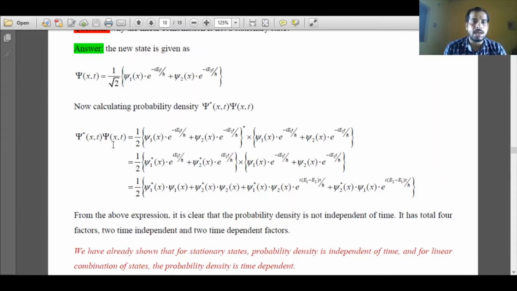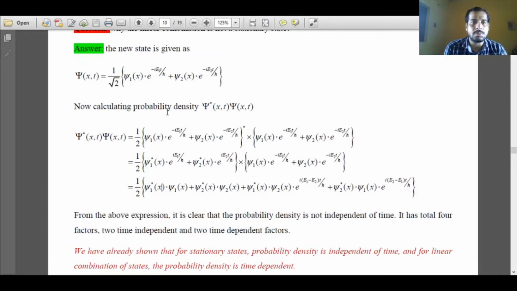If I do that, 1 over root 2 and 1 over root 2 gives 1 over 2, and there is the first state's complex conjugate and the second state. If we multiply all the terms and rearrange, we get 4 terms. The first two terms are time independent, whereas the third and fourth terms are time dependent terms. So what does this mean?